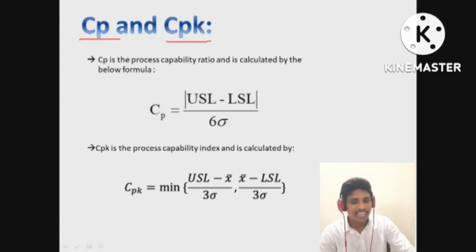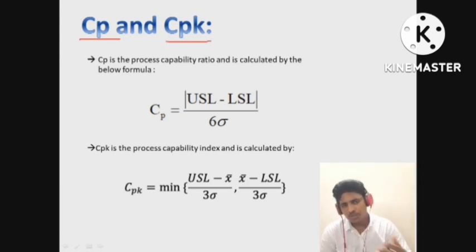Here sigma is the standard deviation. By entering the values in the formula, we can get the CP value. CPK is called the process capability index. It is calculated using CPK equals the minimum of (USL minus mean) divided by 3 sigma, or (mean minus LSL) divided by 3 sigma. The minimum of these two values will be CPK.